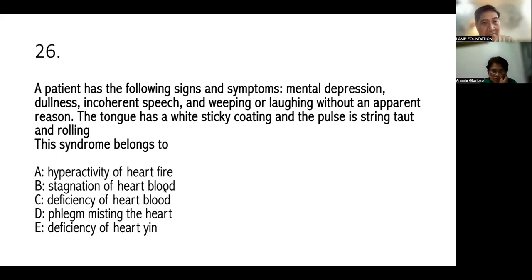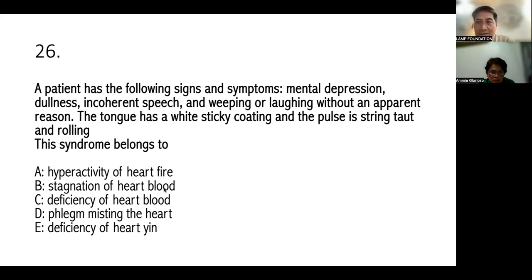The tongue has a white sticky coating and the pulse is string-taut and slippery. These syndromes belong to letter D, phlegm misting the heart.